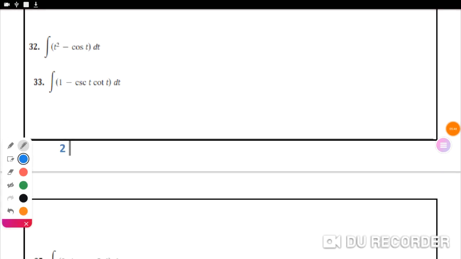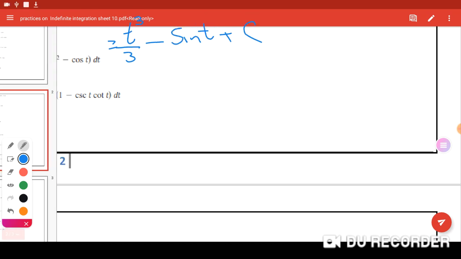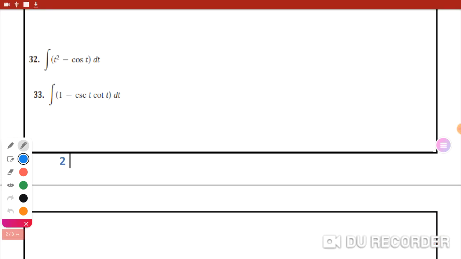Okay, let's continue the solution. Here for 33, I think it's easy. Maybe in the exam you can keep the basic rules of integration with you. It is okay to have them during the exam. In this case, find the integration of 1. It will be t.